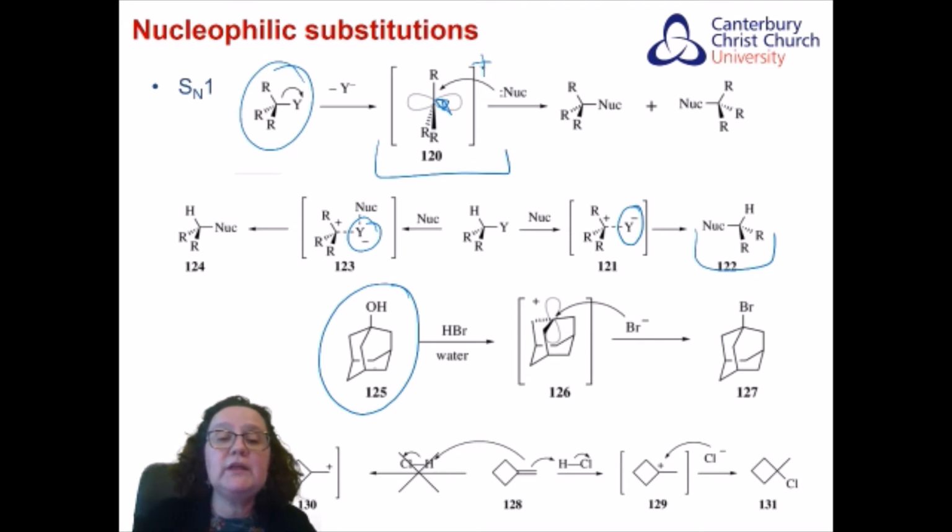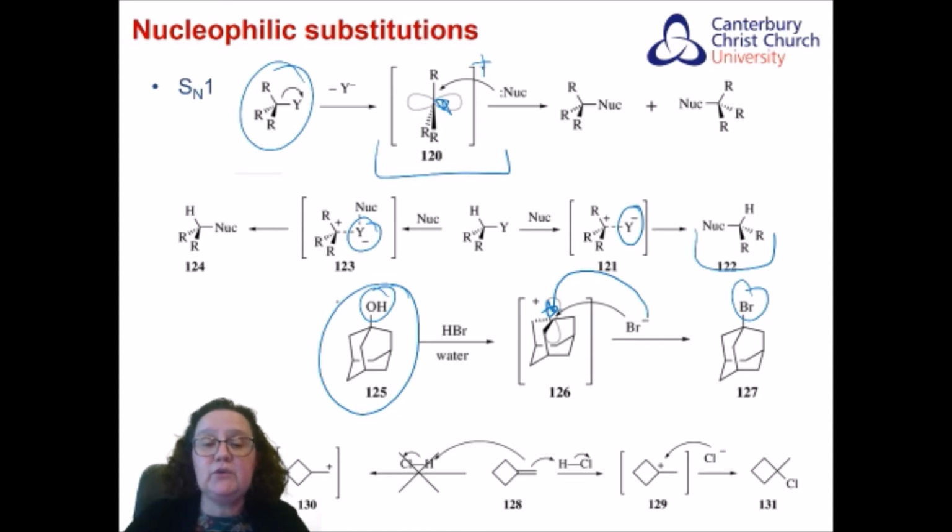So for example, in this compound, when you form the carbocation here, well, there is no way the bromine anion can attack anywhere but from here, so you end up with the bromine in the same position with the same chirality as the original leaving group. And because you're using carbocations, every time you have carbocations, you quite often have rearrangements.